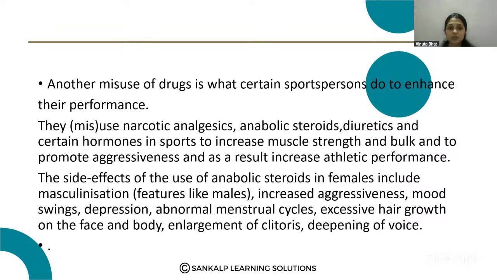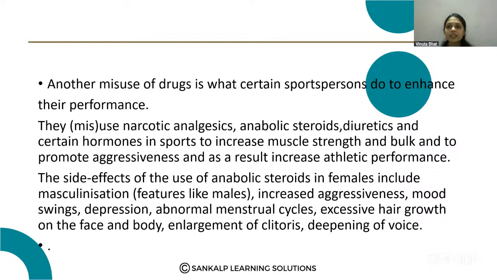They misuse narcotic analgesics, anabolic steroids, diuretics, and certain hormones in sports to increase muscle strength and bulk and to promote aggressiveness, and as a result, athlete performance increases. So these drugs sometimes help to increase athlete performance.